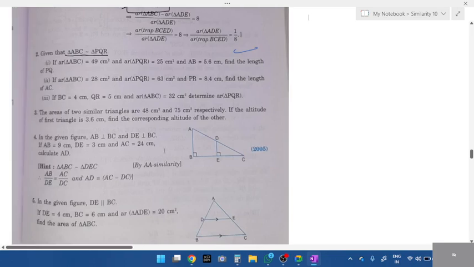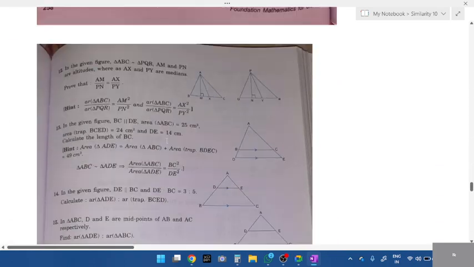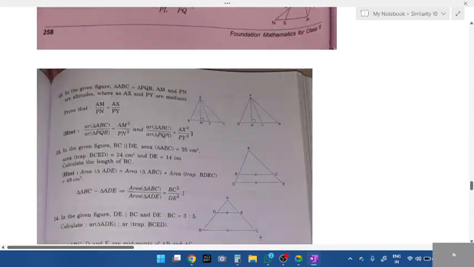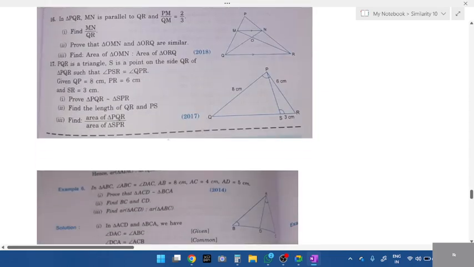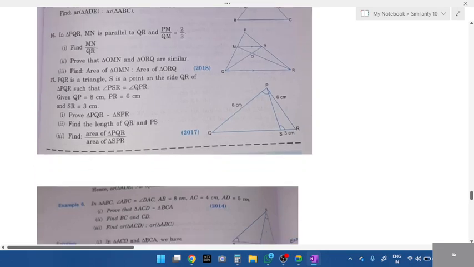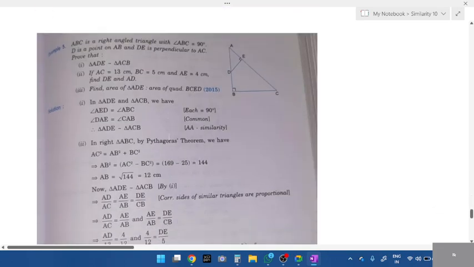Okay, next one, students. We'll solve the previous years, 2005. We'll go back to the last one, 2017, 2018. They've given one, 17, 18. What is 13?